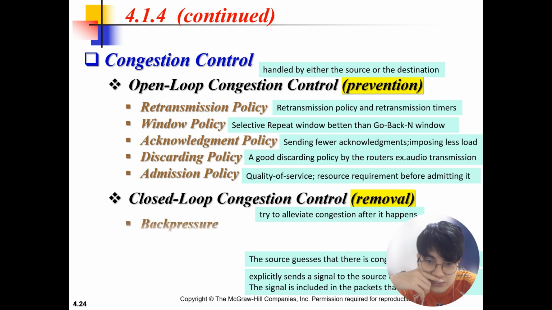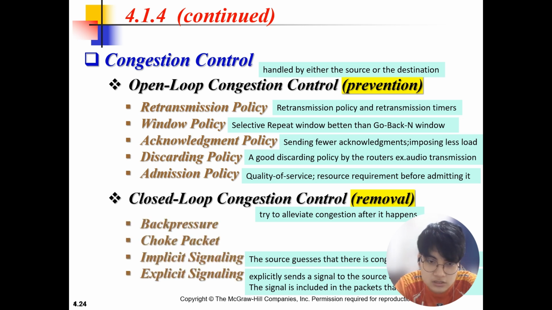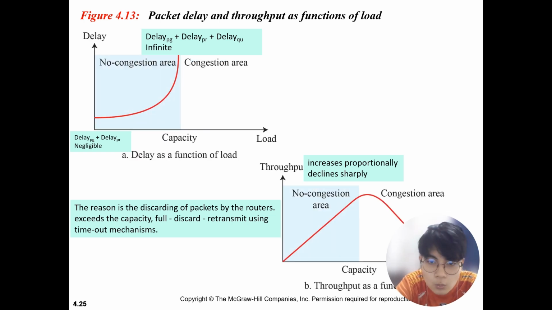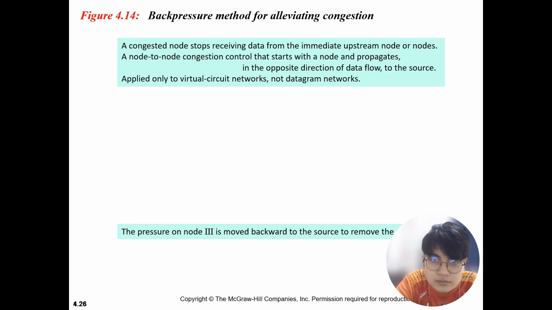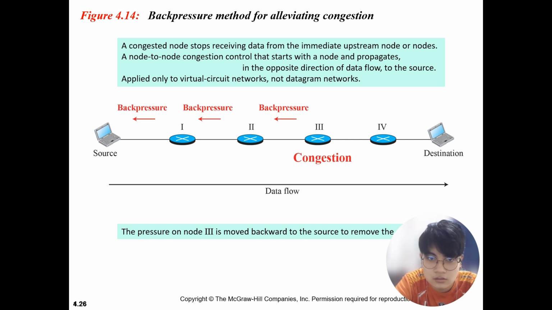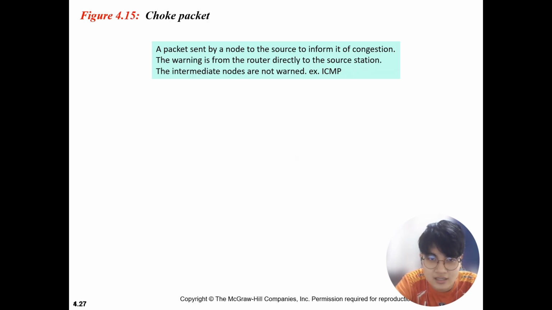Closed loop congestion control: backpressure, choke packet, implicit signaling, explicit signaling, packet delay and throughput as a function of load. Backpressure method of alleviating congestion. Choke packet.